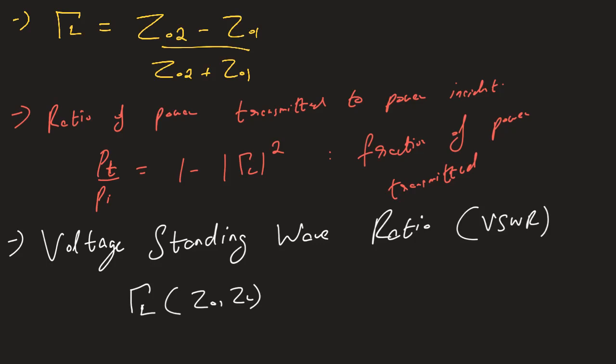So you can imagine that within a transmission line, you have some forward propagating V plus of z, and then you equally have a backward propagating V minus of z, right?